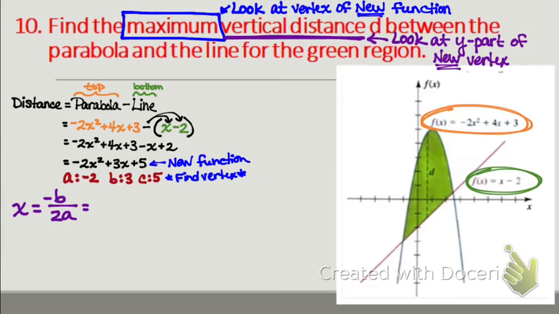All right, so we're going to substitute in negative 3 over 2 times negative 2, so I have negative 3 over negative 4, which simplifies to what? 3/4. So here's my h value that we need to substitute back in to this new function here.